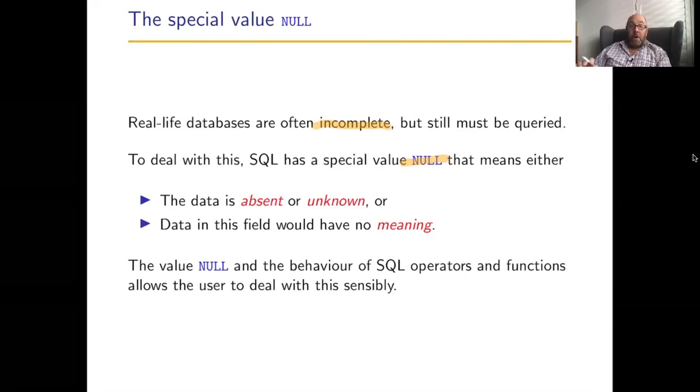Probably the first way of thinking about it is the best to start with. So to deal with this, there is the special value null, and all of the SQL operators and functions behave in predictable special purpose ways when one of the arguments is null. Most of these ways are things that you could work out for yourself if you interpret null as meaning absent or unknown.